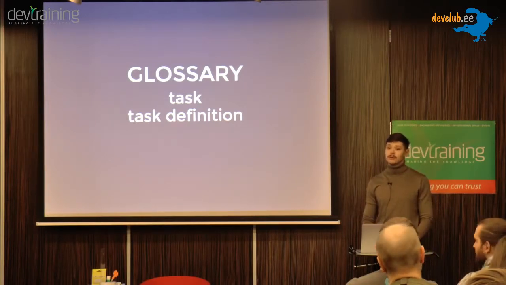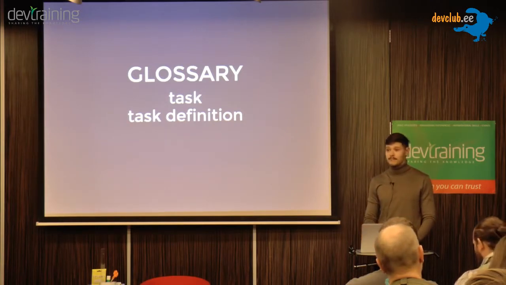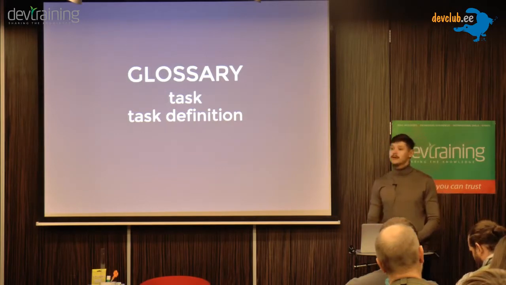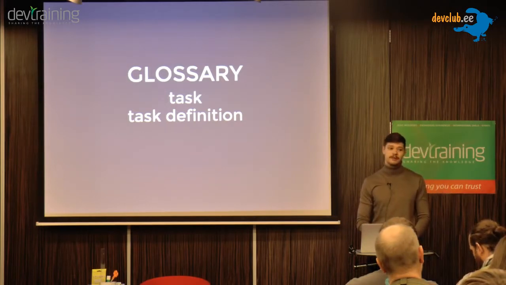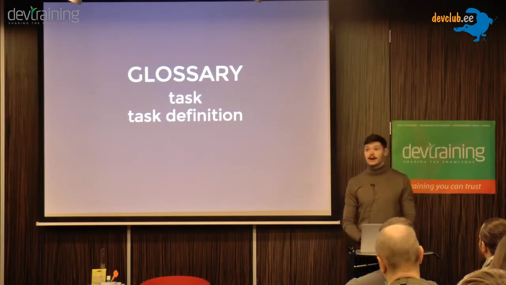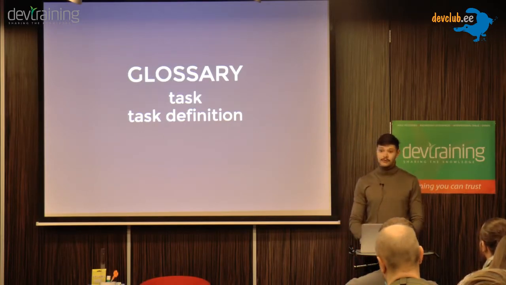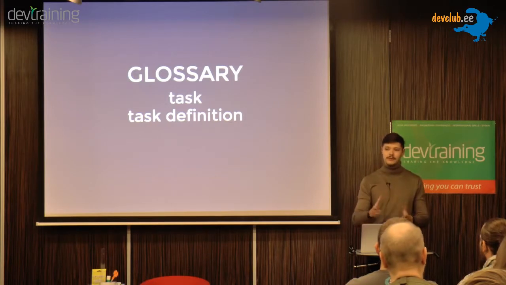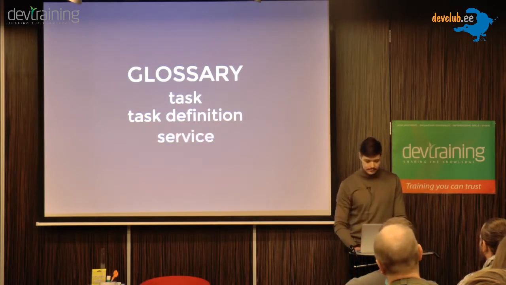Then you provide a command, set up environment variables, basically everything you need in order to describe your container instance. And task definitions are also revisioned. So whenever you create a new one, it creates a new revision of it.